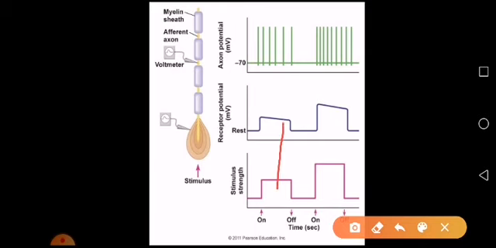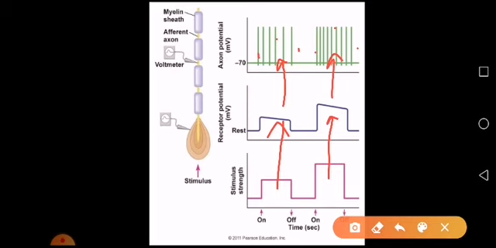The same stimulus leads to different results at the level of the nerve fiber. This means that the number of action potentials is not the same in both cases, but they are still obtained in the same time.